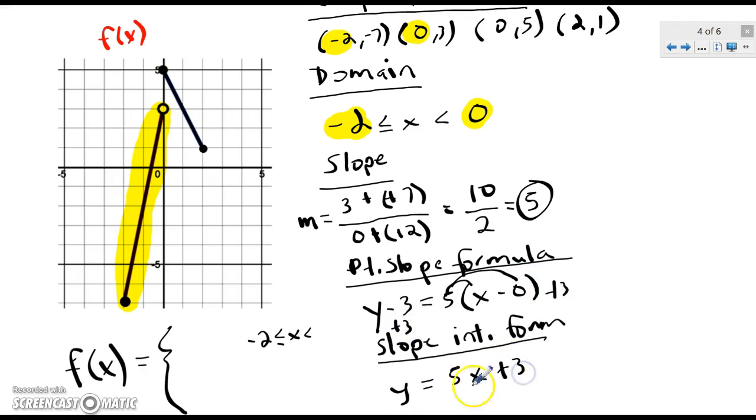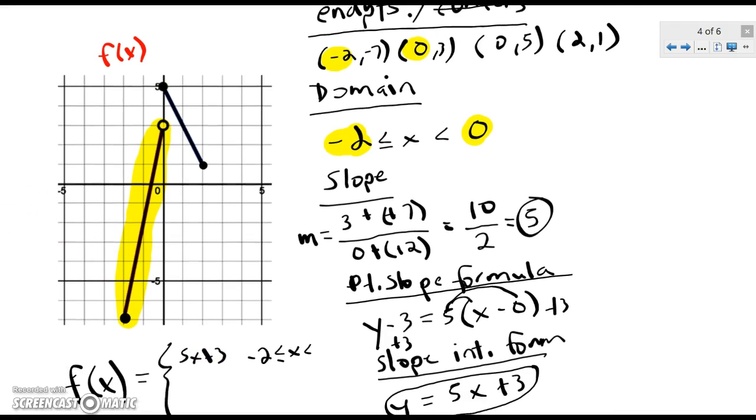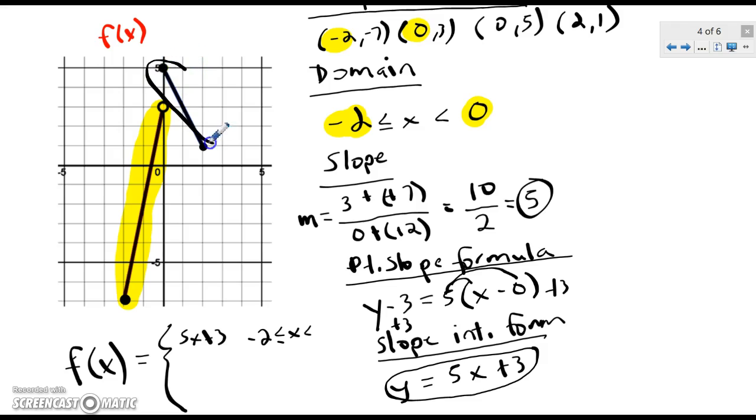So y equals 5x plus 3. And listen, that's our first subfunction in our piecewise function. So I'm just going to write 5x plus 3. And you're going to use these steps to write this next subfunction.